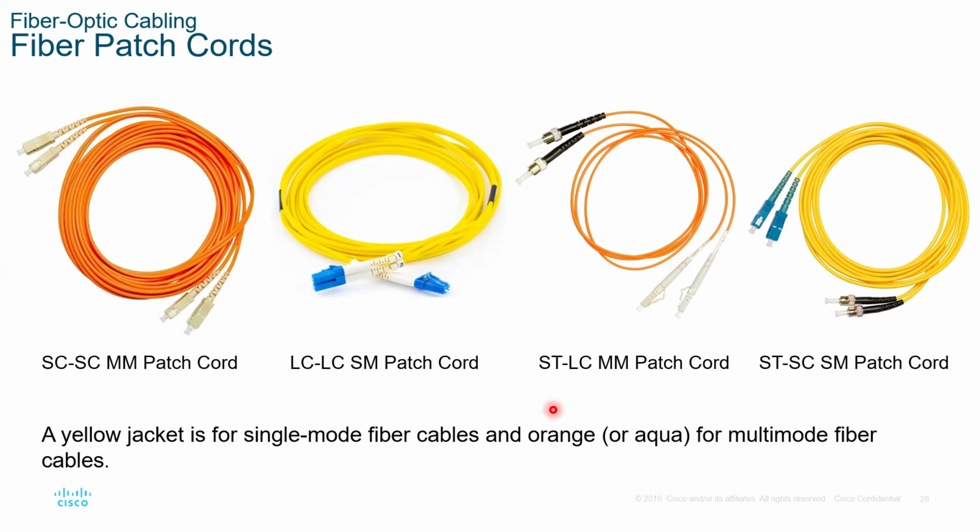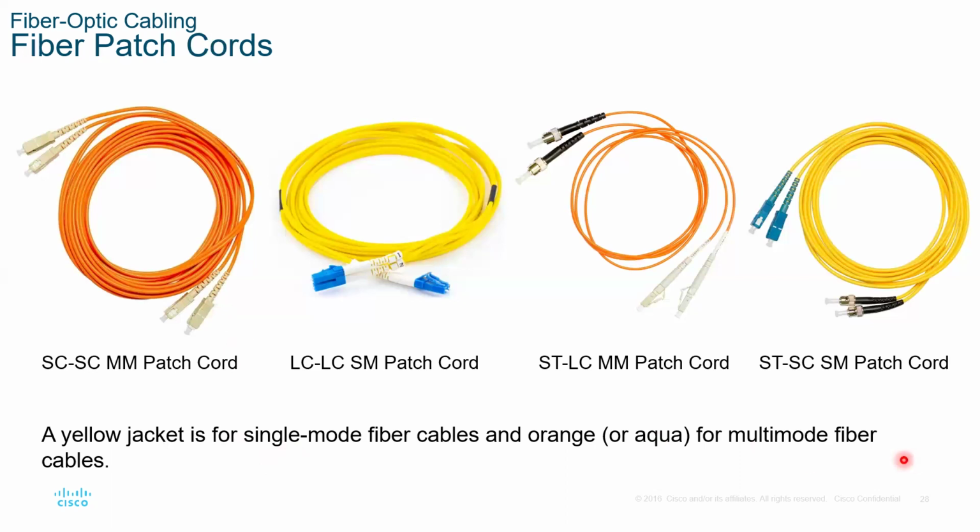All right. One important thing to note from this: we have single mode fiber, yellow jacket, yes. But multi-mode fiber, orange jacket. I think I'll show you some of these cables to make sense. If you see a yellow cable, it means you get single mode.